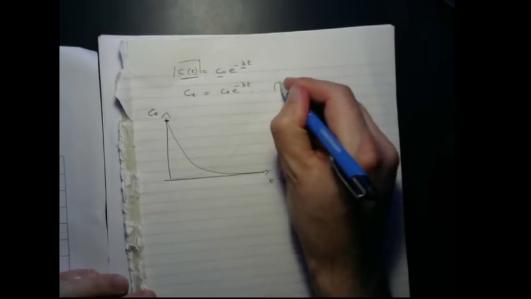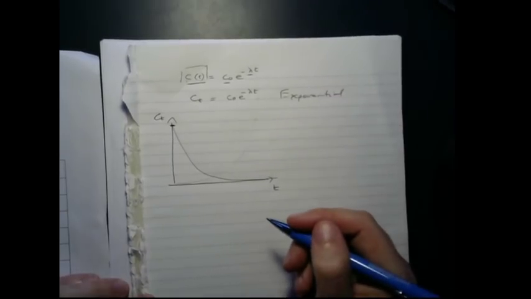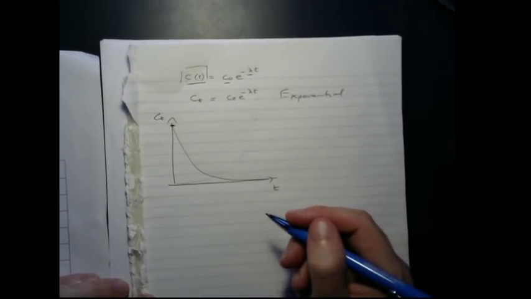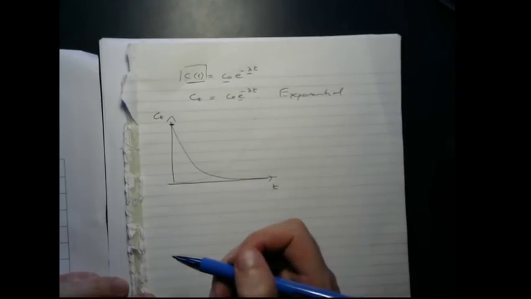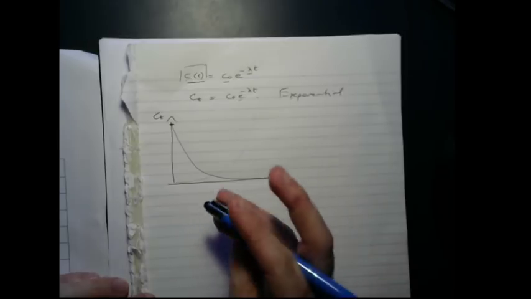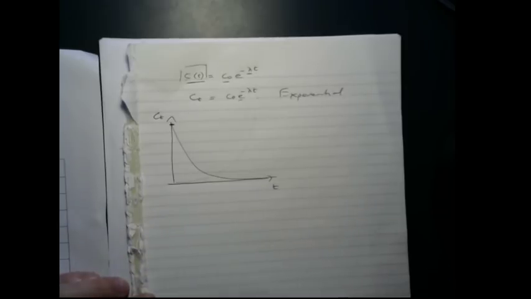So this is an exponential. How do we convert that to a linear relationship? Now, it's got an exponential term in it. If you see an exponential term, or an E, or an EXP, you should be thinking natural logs, okay? Because if I apply a natural log to e to the power 1, that's 1, okay?